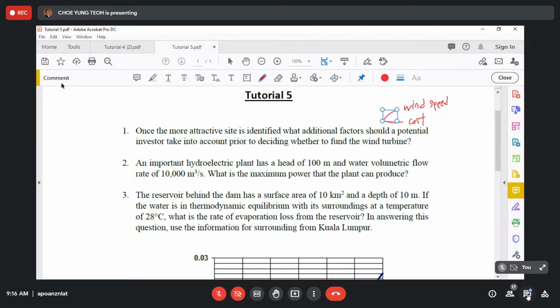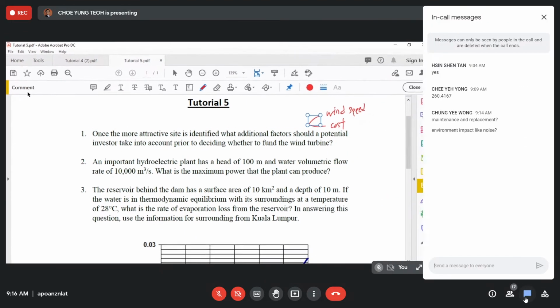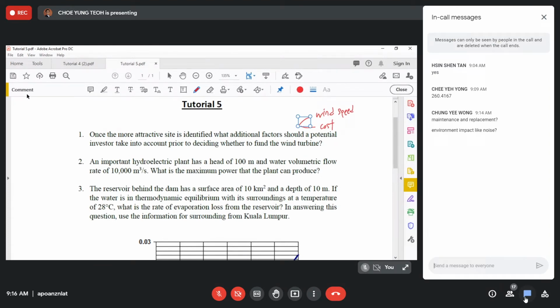Even if you don't care about the environment, you also have to take care of the complaints, as this will affect your profit. If no one complains, normally the government will not really take action or come up with any rules to limit you. That's why we try to minimize complaints from the surrounding residents or any authority.